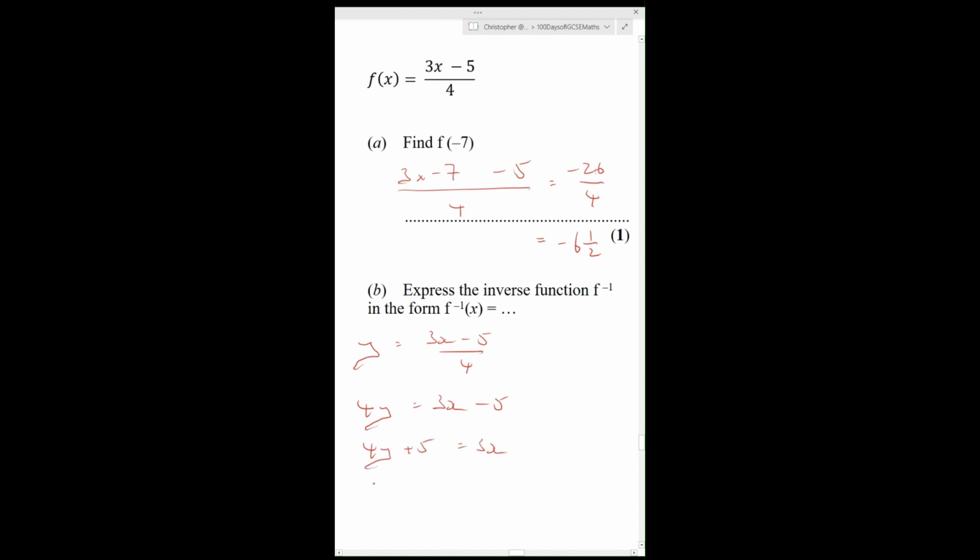So x is 4y plus 5, all divided by 3, which means that my inverse function of x is 4x plus 5 over 3.